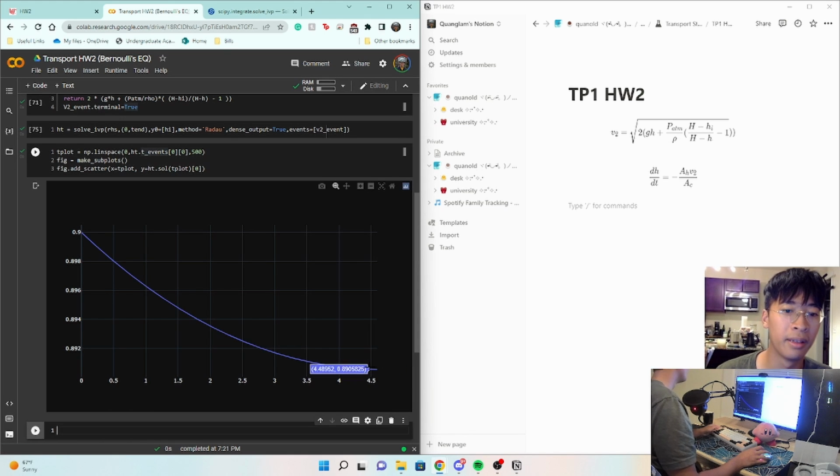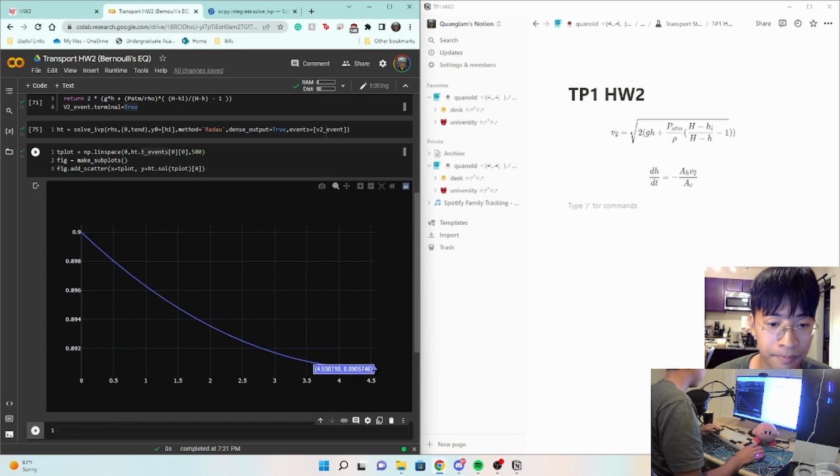We now have an accurate plot for this system of a closed cylindrical vessel with this hole. It keeps leaking out until it reaches steady state because the pressure force is no longer able to overcome the surface tension of the water.